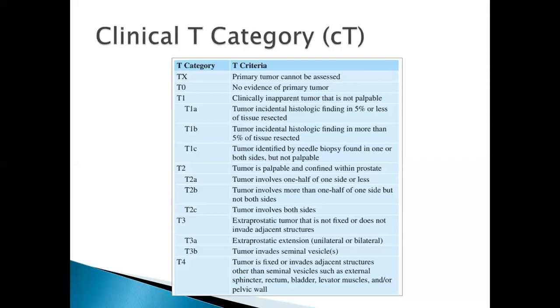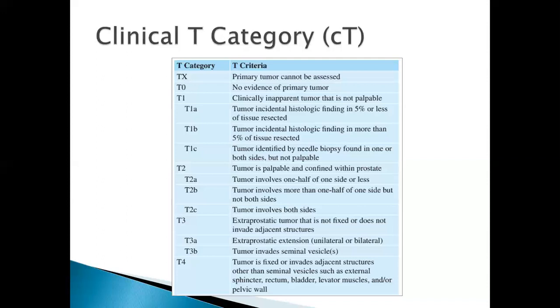All right. Now, T1 is the umbrella category or the NOS category and should only be used if you cannot determine the specific subcategory. All right. So this concept is very, very important.